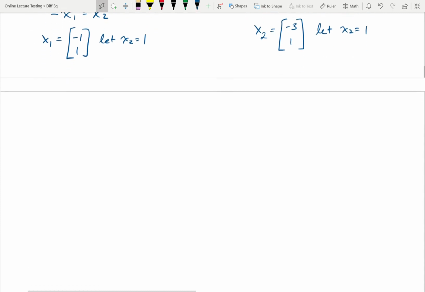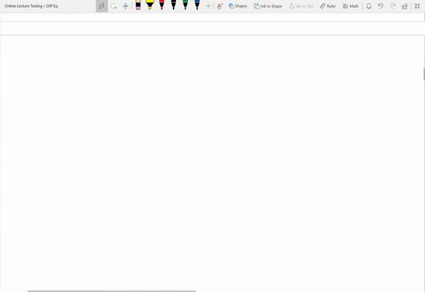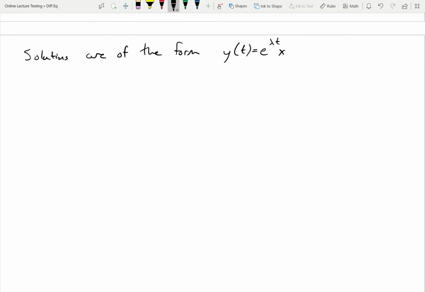Again, recall from our previous section that solutions are of the form y of t is equal to e to the lambda t x.